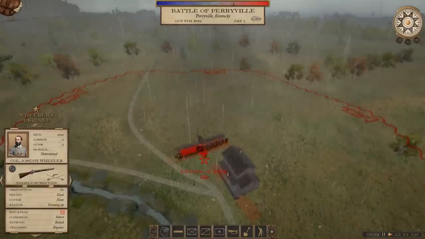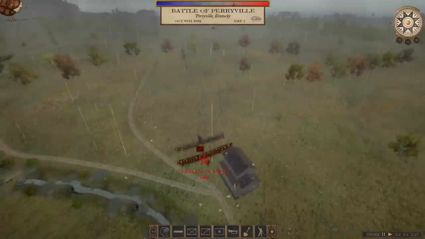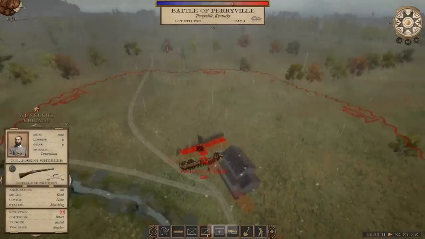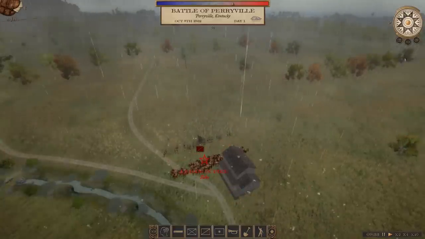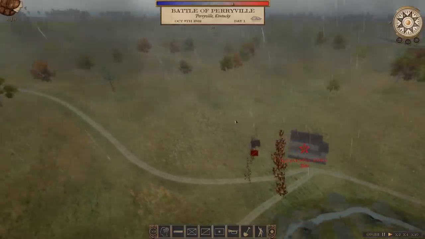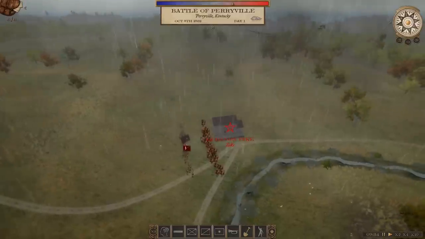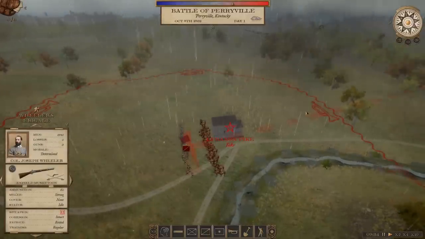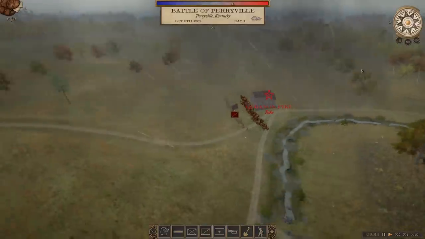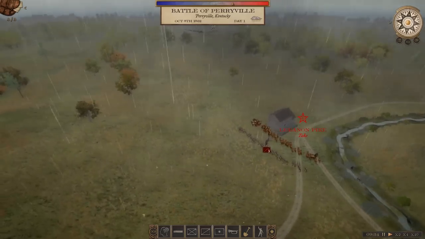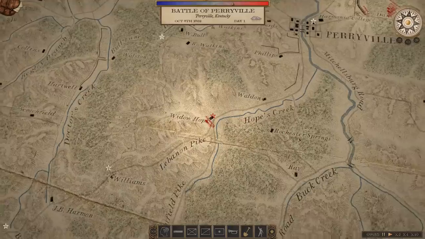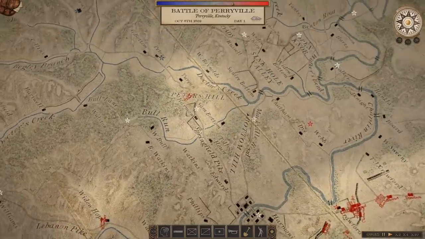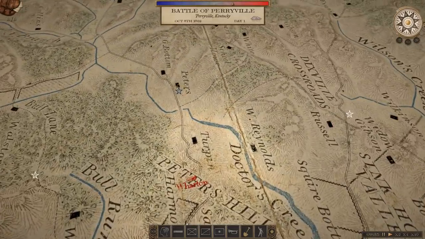So let's dismount Wheeler, and also deploy them in loose order, which is similar to infantry skirmish order. In this formation they will of course be a bit more effective with their ranged weapons, but at the same time suffer fewer casualties due to fire.